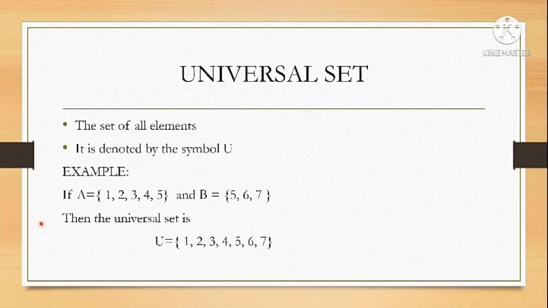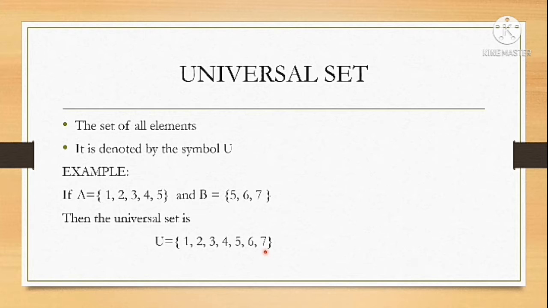Universal set. The universal set is the set of all elements. It is denoted by the symbol like this. For example, if set A elements are 1, 2, 3, 4, and 5, and set B elements are 5, 6, 7, then the universal set is 1, 2, 3, 4, 5, 6, 7.